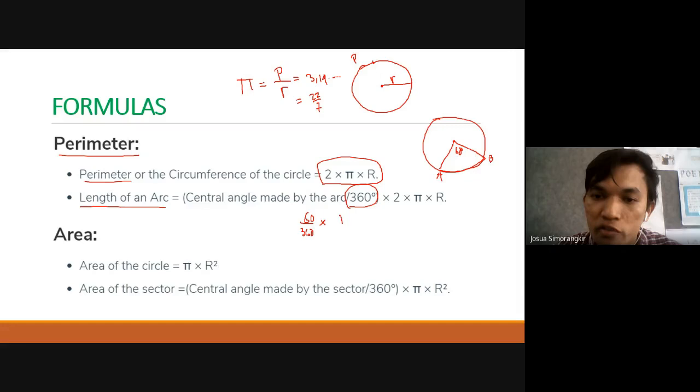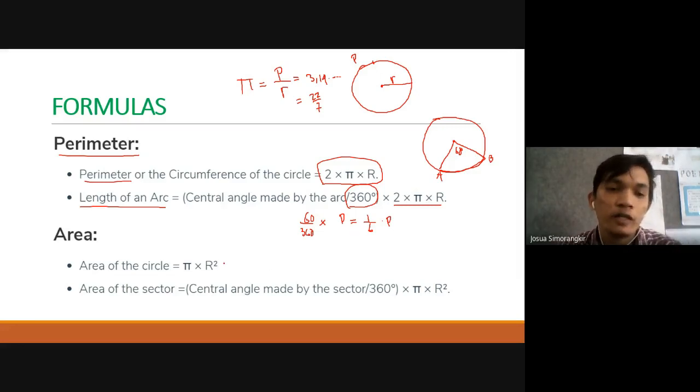So if we have 60 degrees, the length of the arc will be 1 over 6 of its perimeter. To find the perimeter, we use the formula 2 times pi times r. Okay, so that's the formula to find the perimeter of the circle, or the length of an arc.